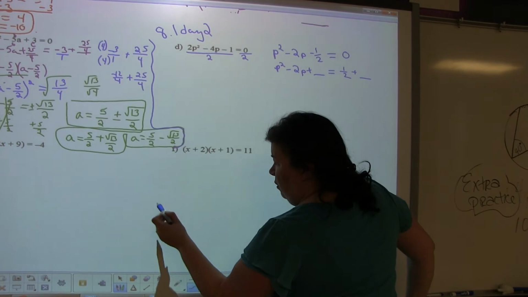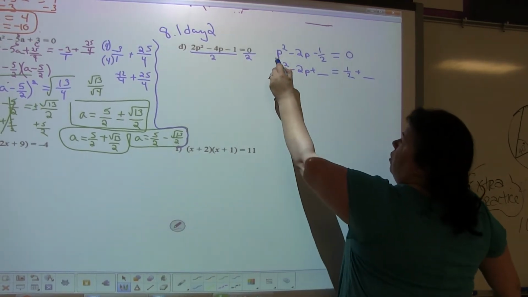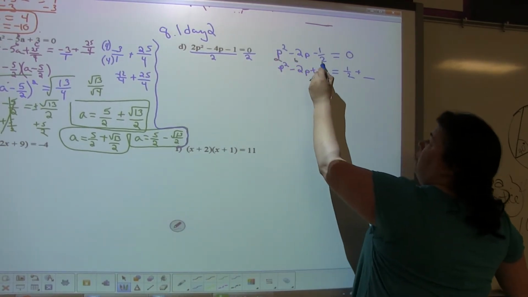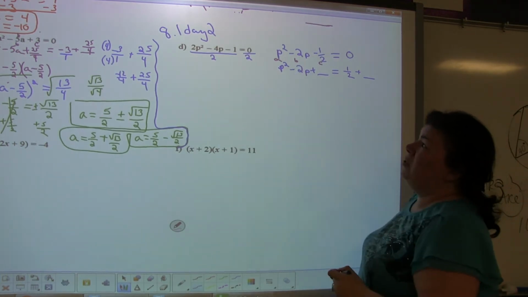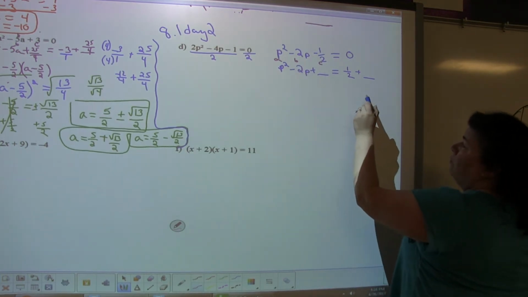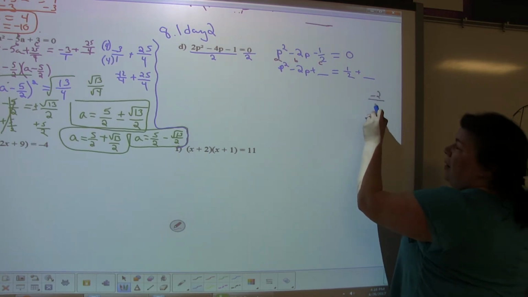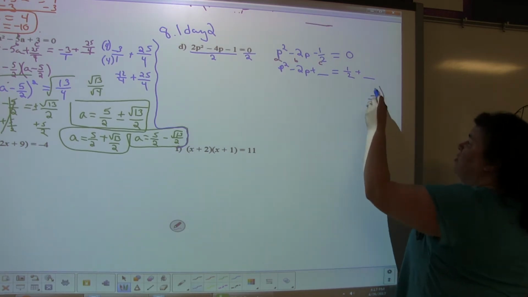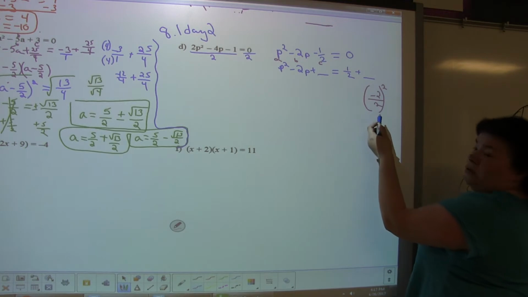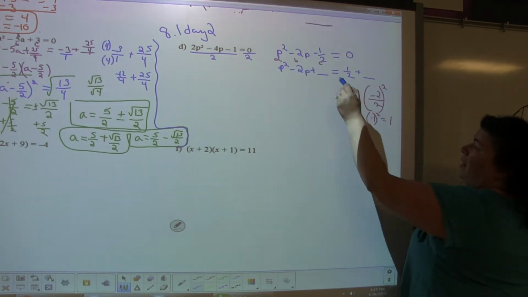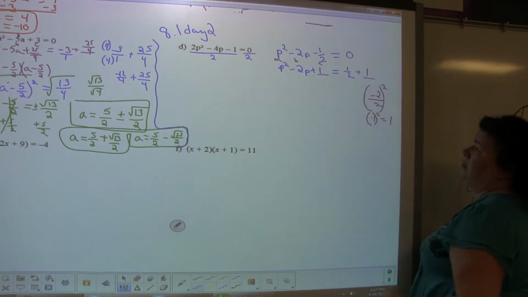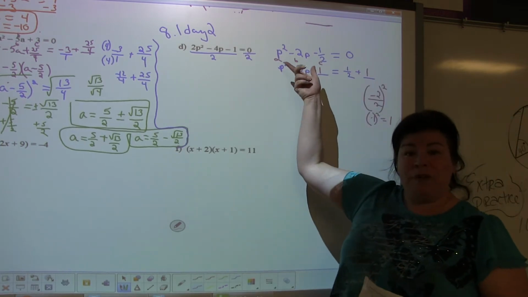So if I look here, my A term is 1, my B term is -2, and I need to find what that C term is. So we're going to take our B term, which is -2, and divide by 2, and square that. So -2 divided by 2 is -1, and -1 squared is 1. So I'm going to add 1 to both sides.